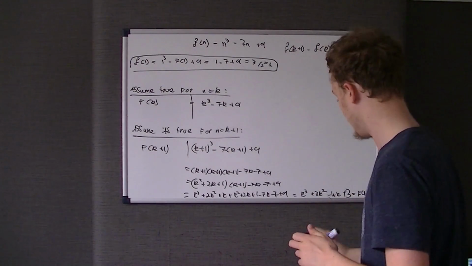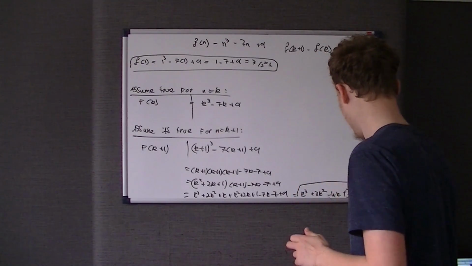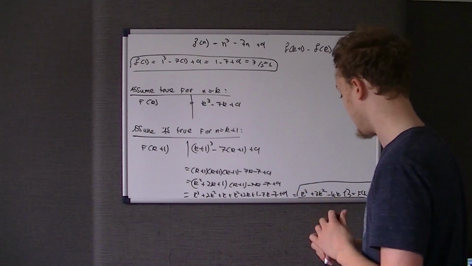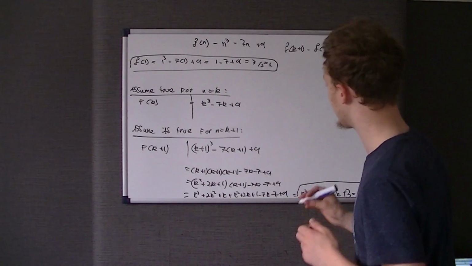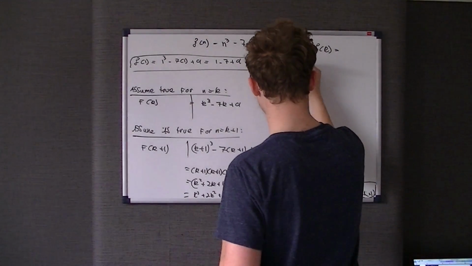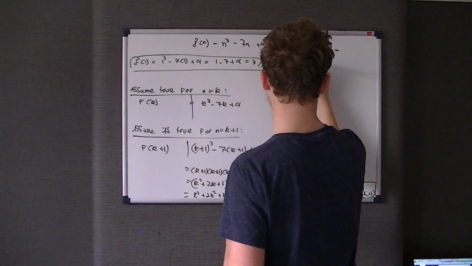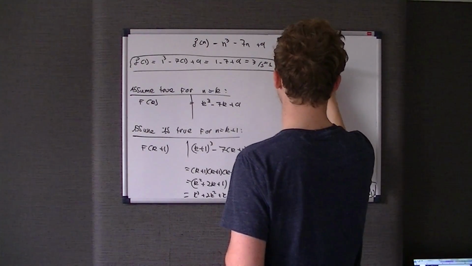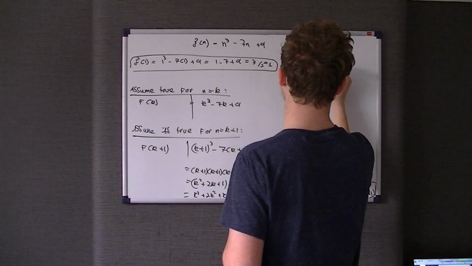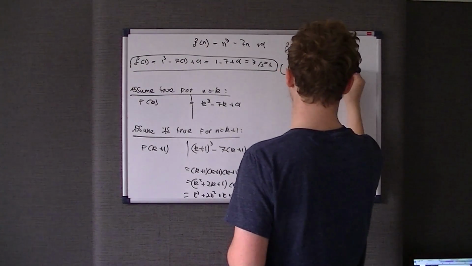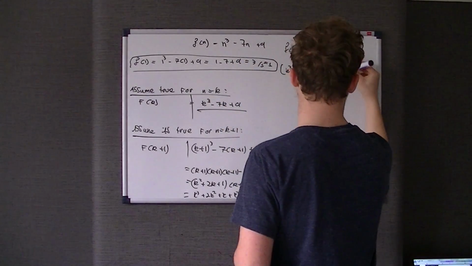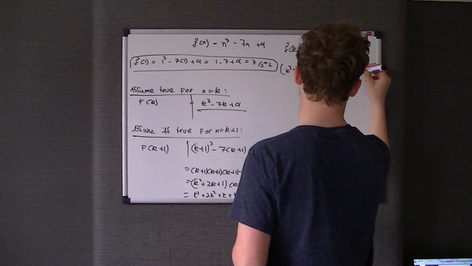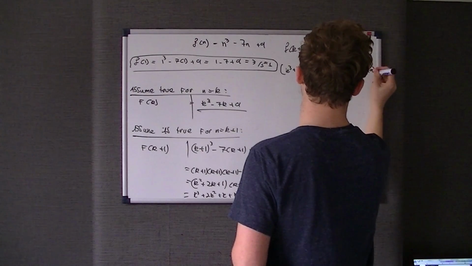So we said f of k plus 1 is equal to k cubed plus 3k squared, take 4k plus 3. And from that we are taking away f of k, which is k cubed, take 7k plus 9.